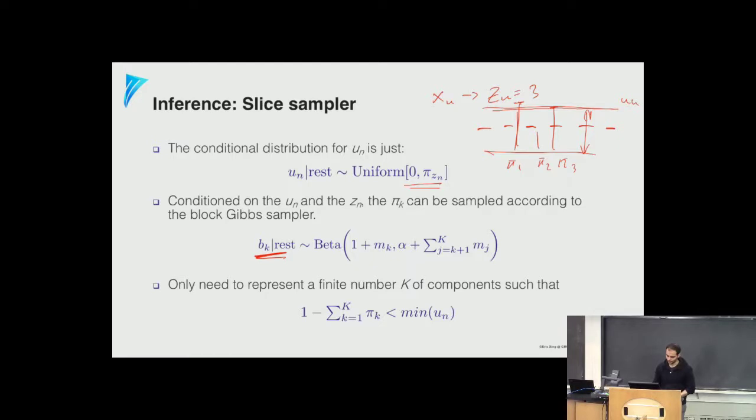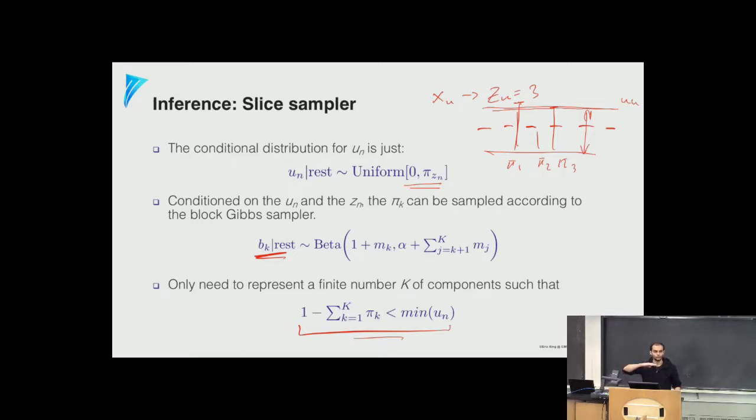Note that in this case we only need to represent a finite number of components, that is given here. So given u_n for every single data point, we'll have a slightly different but finite number of components. And the good thing is that it preserves the structure of the block sampling.